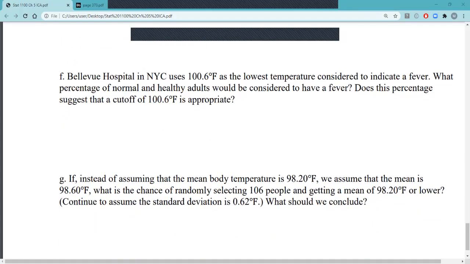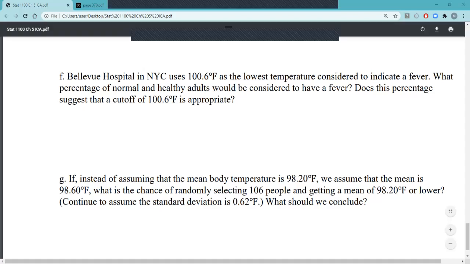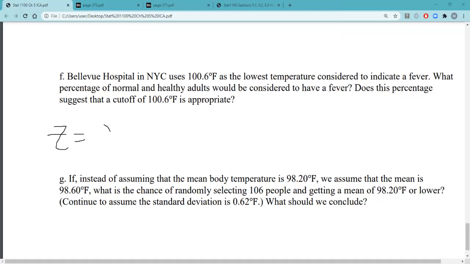So it says Bellevue Hospital in New York City uses 100.6 degrees Fahrenheit as the lowest temperature considered to indicate a fever. What percentage of normal and healthy adults would be considered to have a fever? Does this suggest that a cutoff of 100.6 is appropriate? So again, we're setting up this z-score formula.